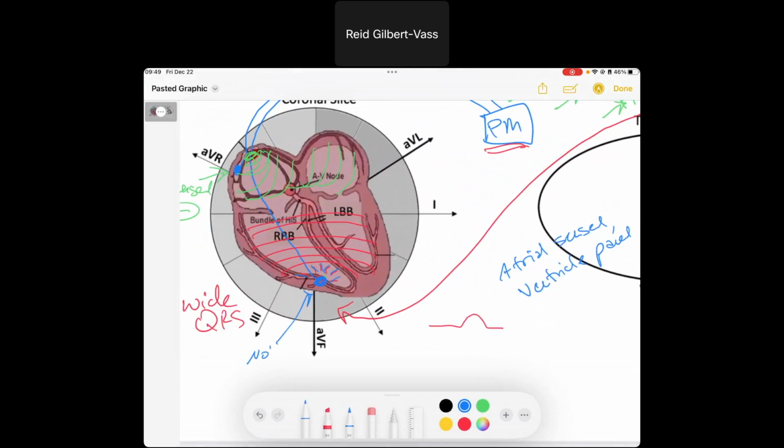So not capturing equals need to turn up the voltage of the pacing spike.